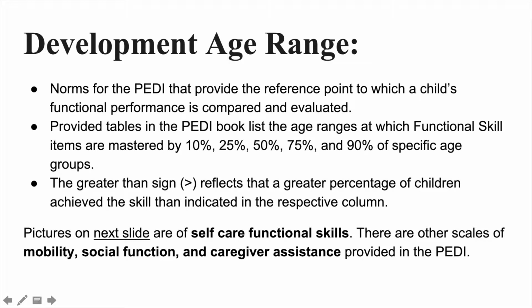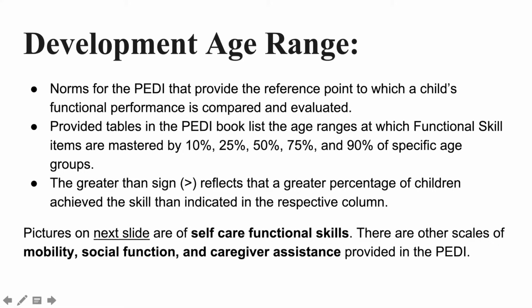So next we're going to talk about the developmental age range that you get from using this assessment. Norms from the PEDI provide reference points to which a child's functional performance is compared and evaluated. It also has tables that list age ranges at which functional skill items are mastered by 10, 25, or up to 90% for specific age groups. And then there's a greater-than sign that reflects the greater percentage of children who have achieved that skill indicated in the respective column.